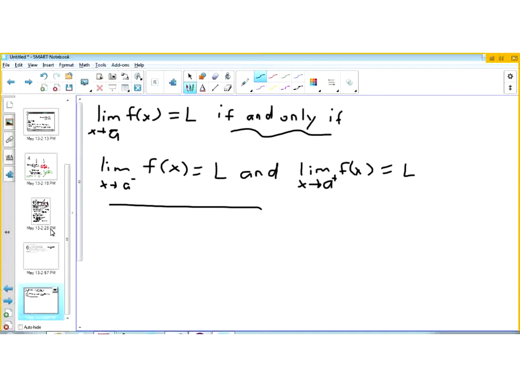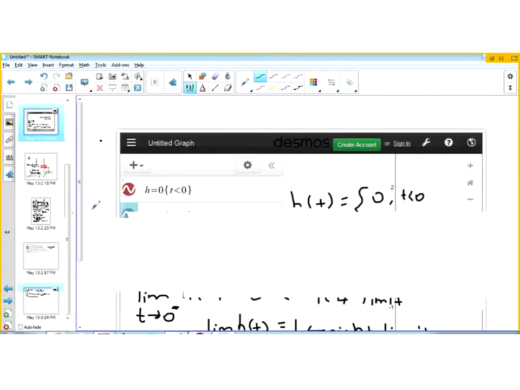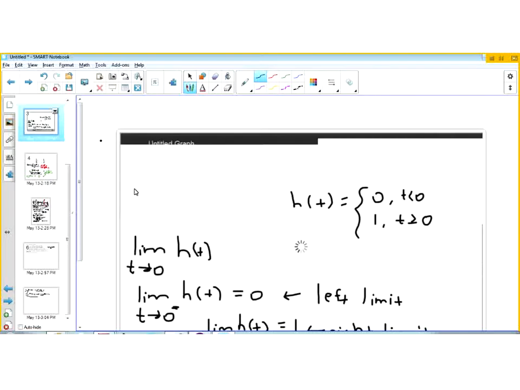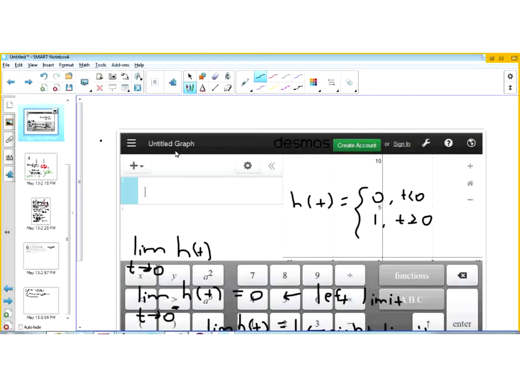Okay, so let's go back to that graph again of the piecewise defined function. Let me see if I can find it. Is this it? Now, in the case of this graph, I guess I'll have to redraw it. H is equal to 0 for t less than 0.